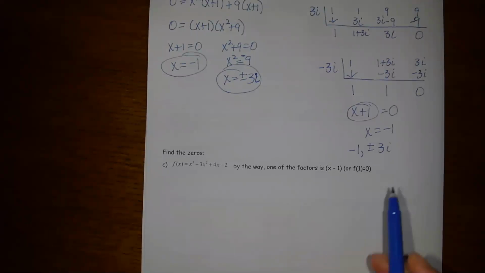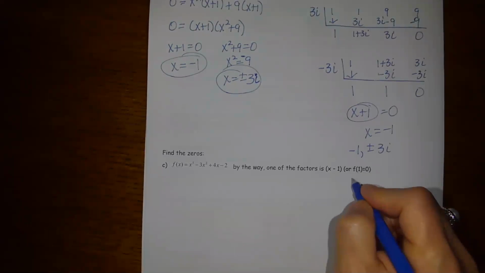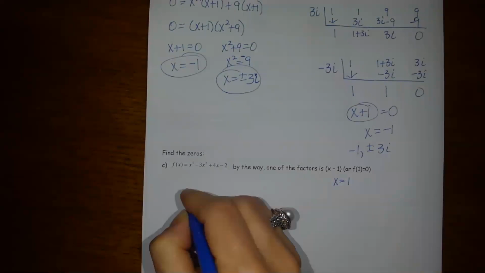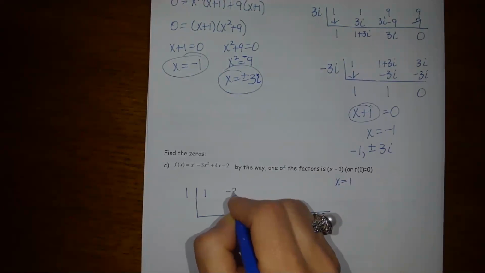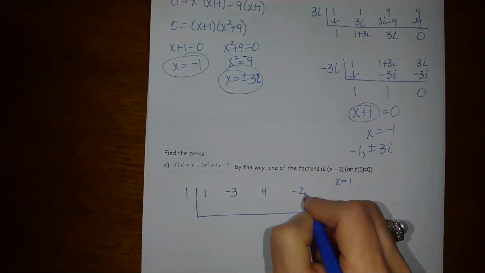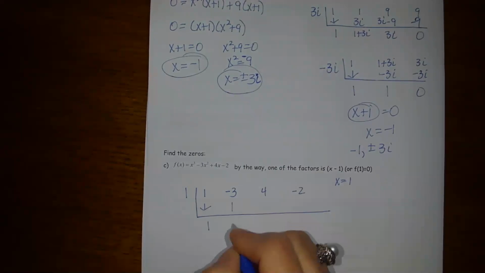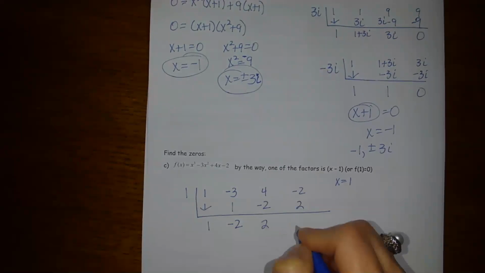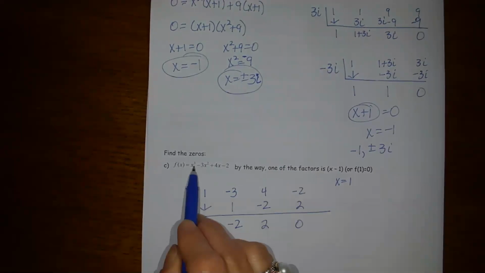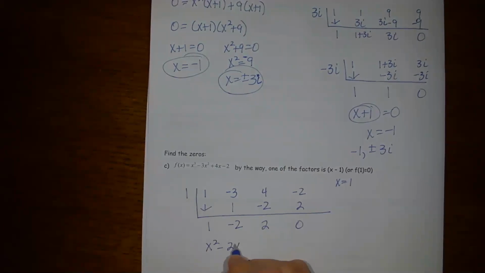So if one of the factors is x minus 1, what's the 0? x equals what? 1. So we could put a 1 out here. Now we have 1, negative 3, 4, negative 2. So this kind of really reviews a lot for us. So if this is x cubed, that means this is what? x squared minus 2x plus 2, right?